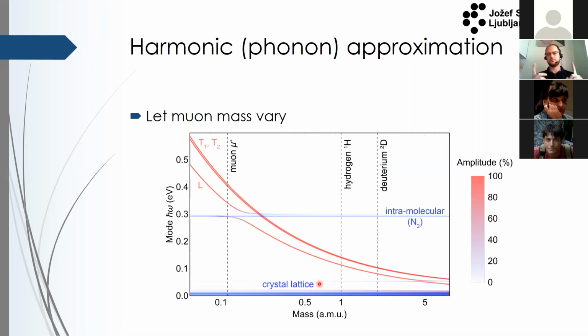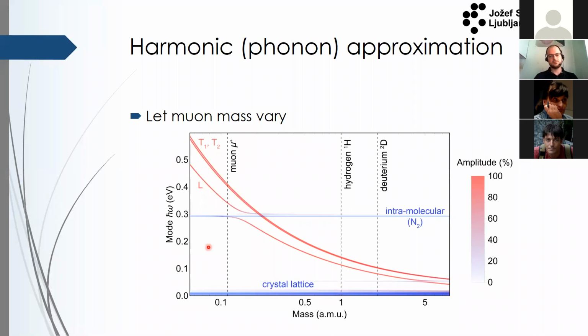This is because the N2 molecules have very weak bonds between them, so van der Waals bonds, meaning that the natural frequency for crystal lattice vibrations is extremely low. But because the N2 bond is extremely strong, the intramolecular vibrations have a very high frequency, actually.